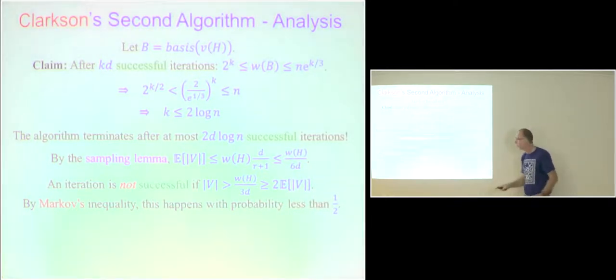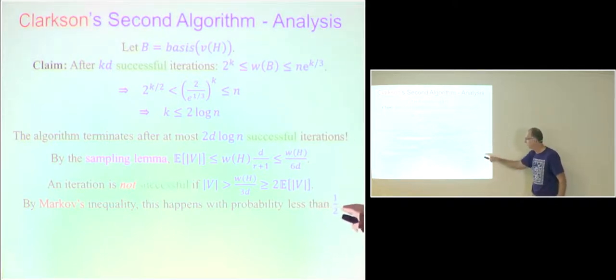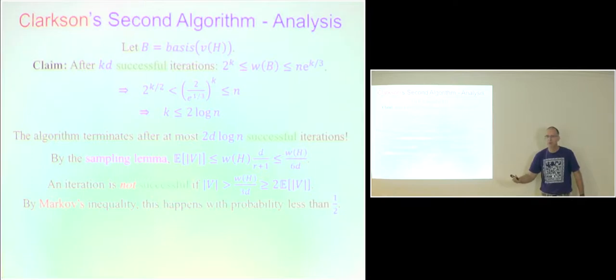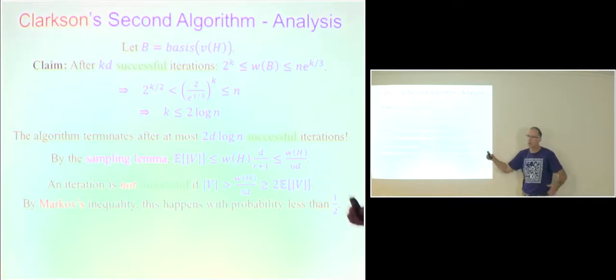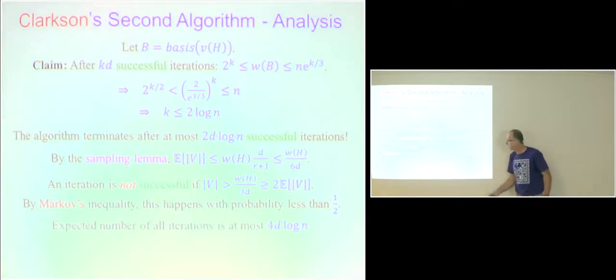By Markov's inequality, this happens with probability less than 1/2. So on average, every second iteration is successful. Therefore, the total number of iterations we need until getting KD successful iterations is order KD. In fact, it's at most 2 KD. Therefore, the expected number of iterations is at most 4D log n.